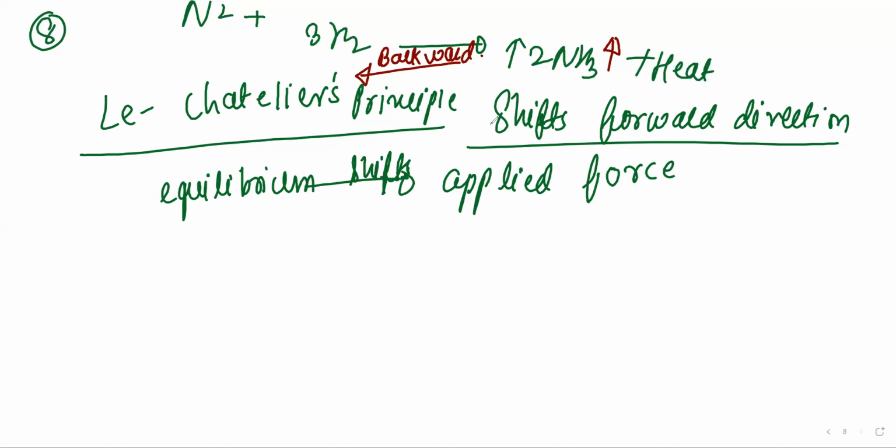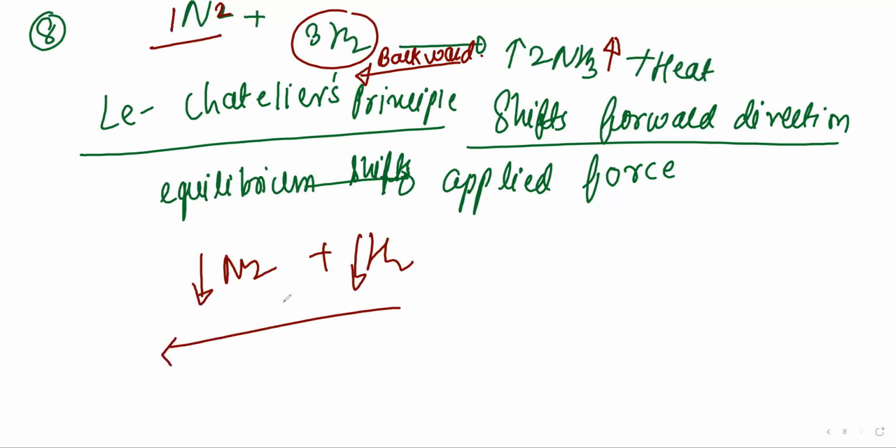There are four gas phase molecules: 1 mole of nitrogen and 3 moles of hydrogen gas, and 2 moles on the product side. If the concentration of N2 and H2 decreases, then the equilibrium shifts in the backward direction to increase the concentration of reactant, so the backward direction will be favored.